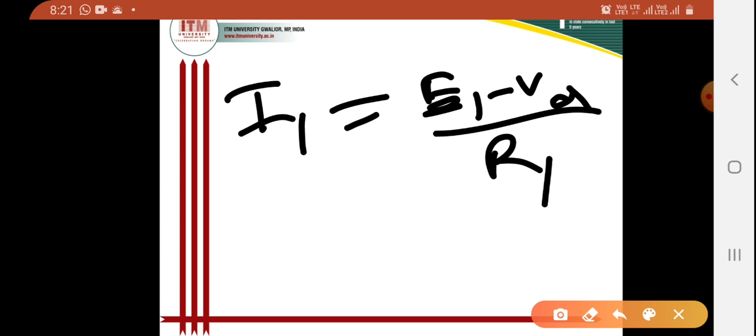Obviously we can then find I4. Suppose I want to find out I4, how can I write it? I4 is flowing through the resistance R4.